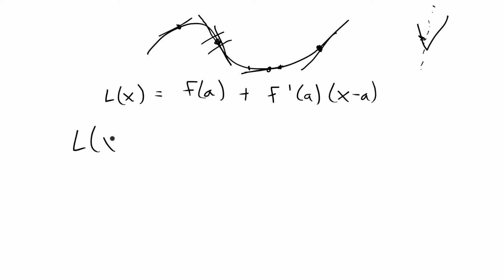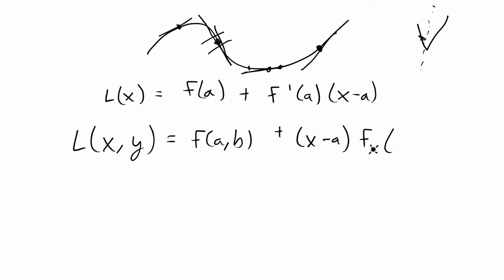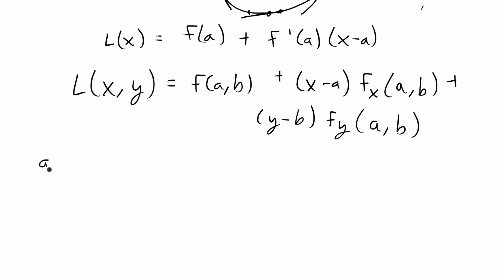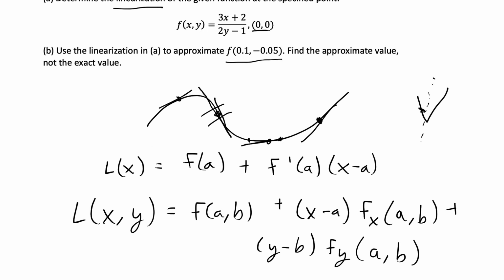In this case, our formula is L(x, y) = f(a, b) + (x - a) f_x(a, b) + (y - b) f_y(a, b), where f_x is the partial derivative of f with respect to x. This is the formula we're going to use for part A. The point we're given is (a, b) = (0, 0), so a and b are both equal to 0.